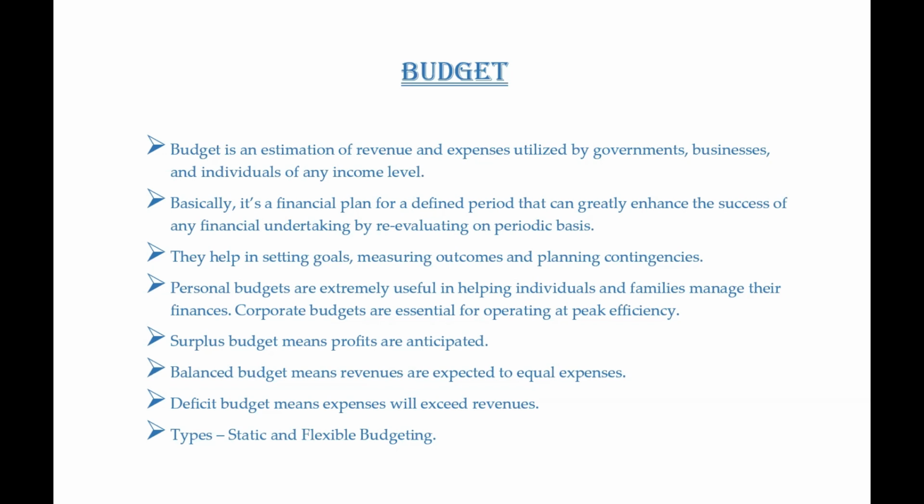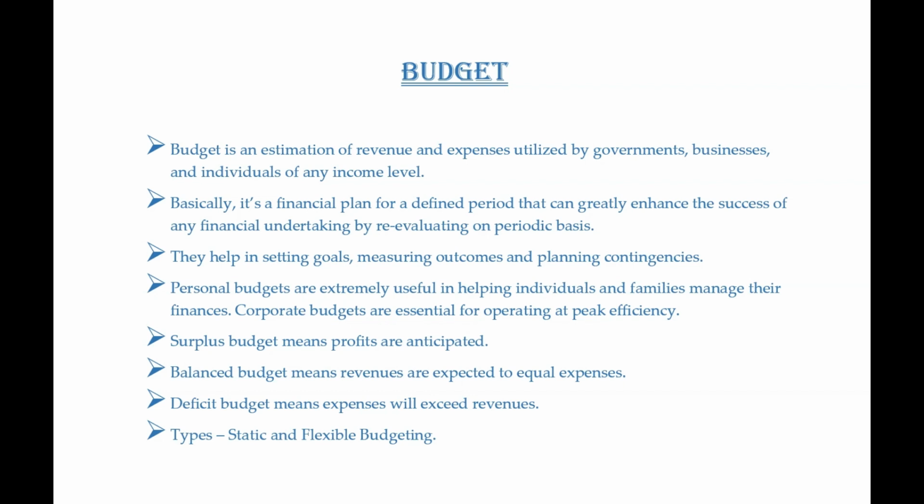Surplus category means you would have created a budget with some amount of money, but at the end of the period, your profits would have been a little more than whatever you anticipated. Okay, some amount of profit will be there.